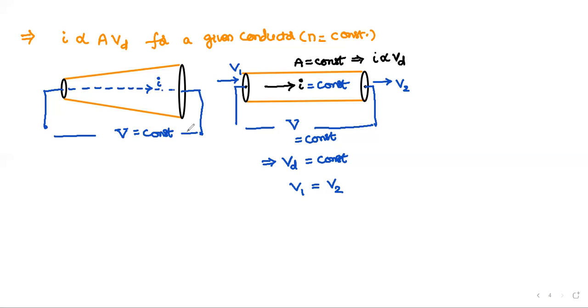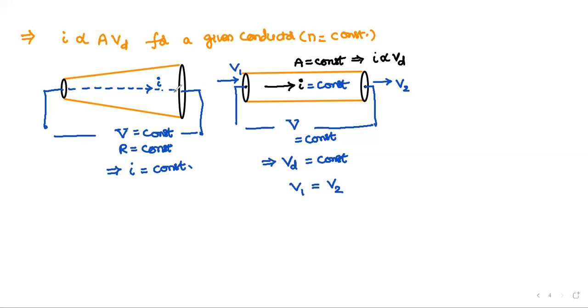Now you check. The resistance of a conductor is constant for a given material. R equals constant, so I can say I equals constant.